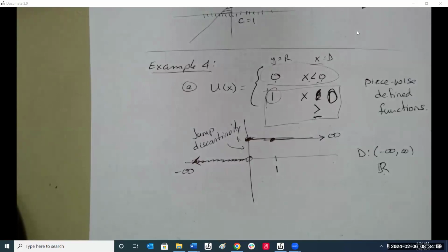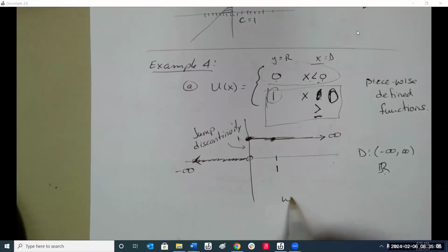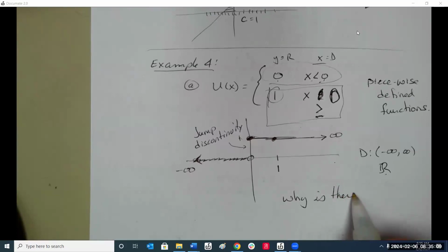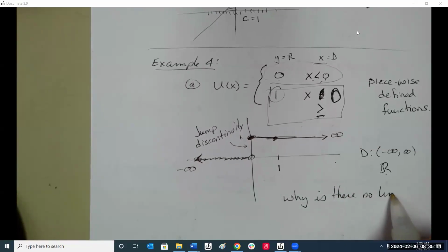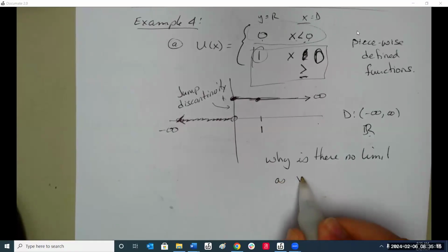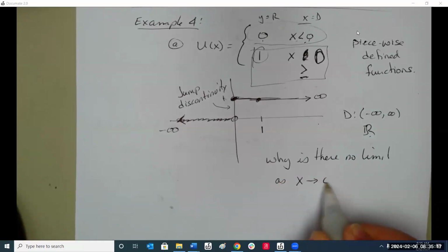So discuss the behavior of the following functions. Explain why we have no limit as x approaches 0.